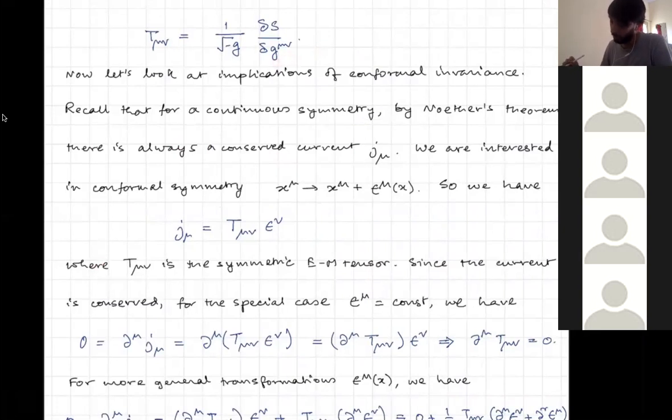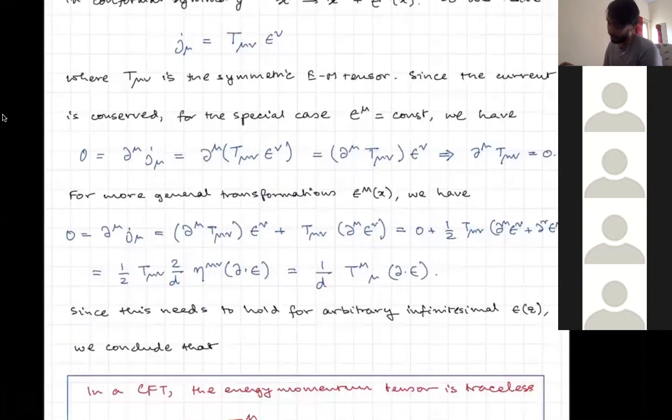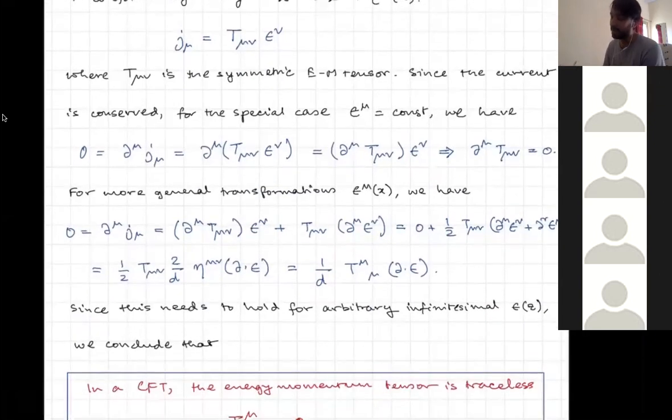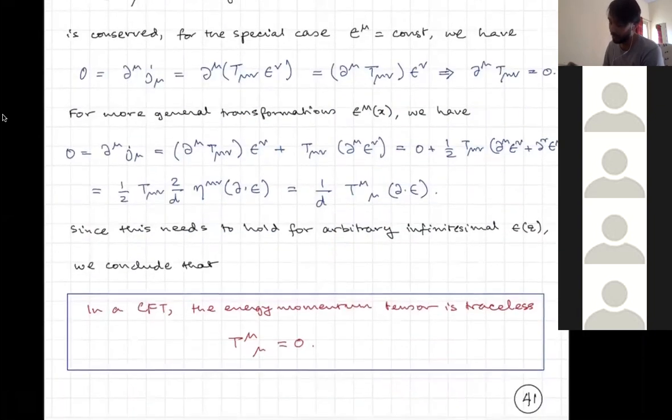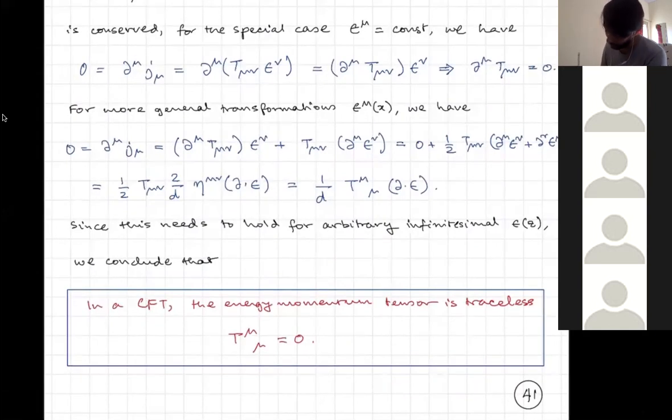If you look at the implications of conformal transformation here, we discovered, of course, just by translation, we have the conservation of the stress tensor. And if we have a general transformation, then we saw that the trace of this was equal to 0. So at the end of the day, we saw that in a CFT, the energy momentum tensor is going to be traceless.